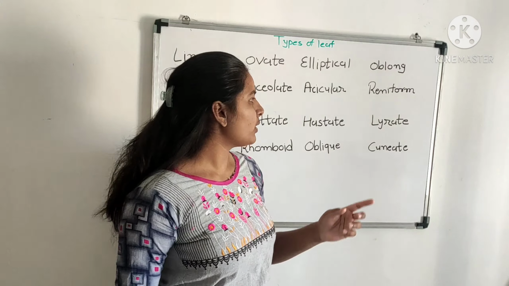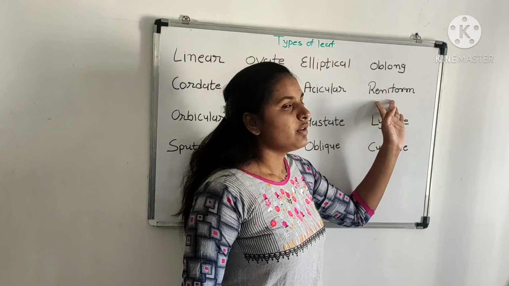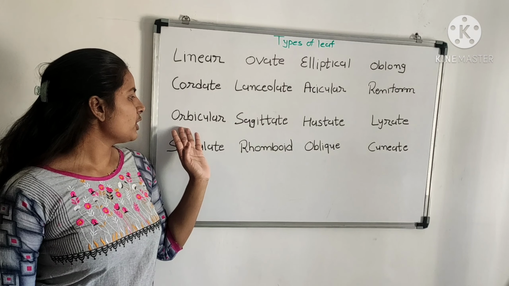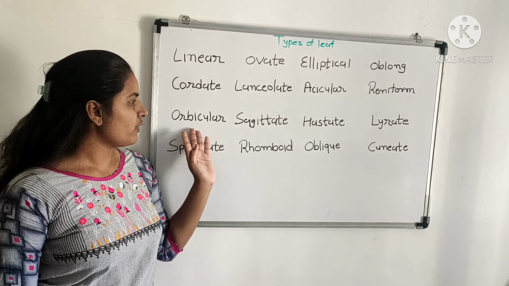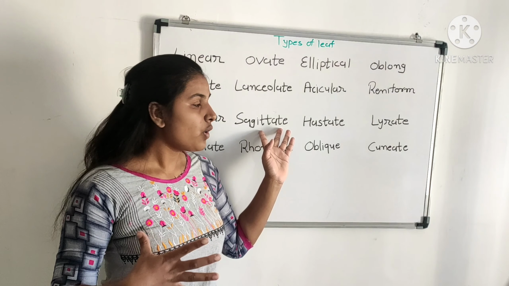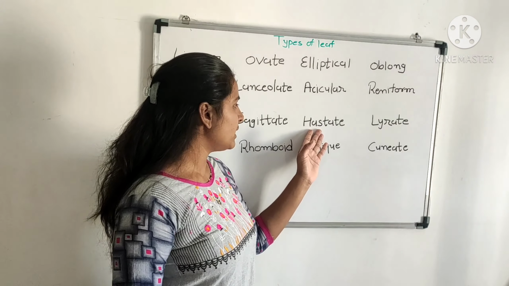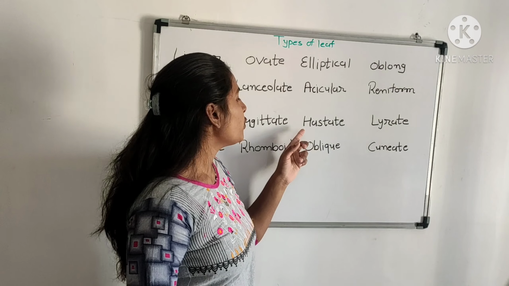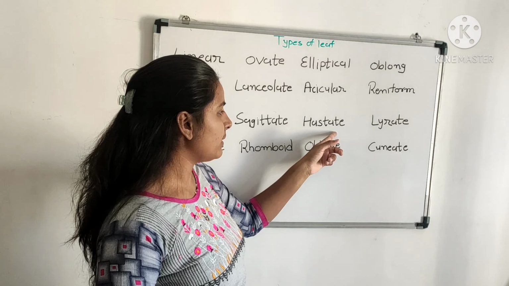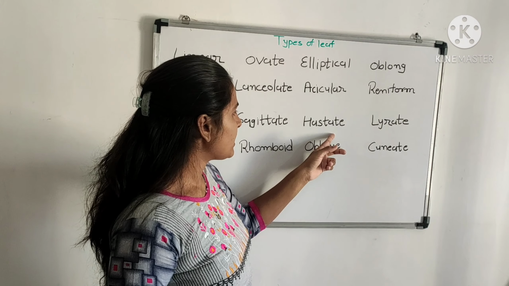This tip is arrow type. In reniform, we have a kidney-shaped leaf. In orbicular, we have an orbit-shaped leaf. In sagittate, we have an arrowhead shape. In hastate leaf, we have a two-lobed sagittate. This type of leaf we know as the hastate leaf.